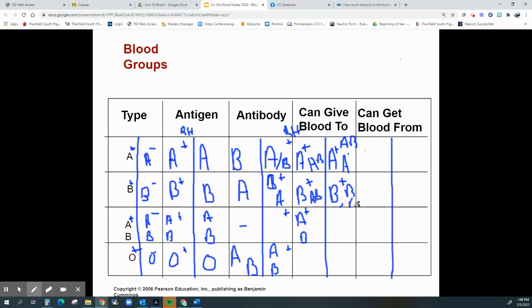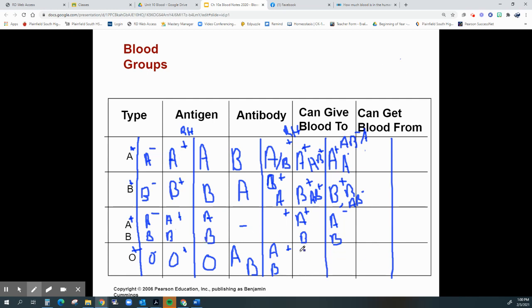This individual can give to AB. But they would give to negative and positive. These guys could give to negative and positive, so negative and positive there as well. And then these guys could only give to AB negative, which is why somebody who's A negative can only give to A negative.